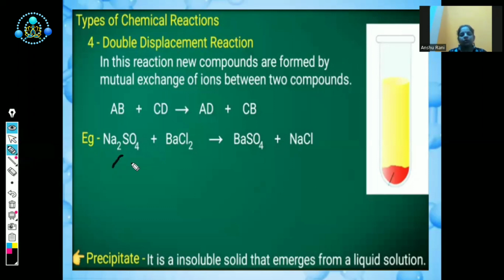Here you are having 2Na positive, sulfate 2 negative, barium 2 positive, two chloride negative.